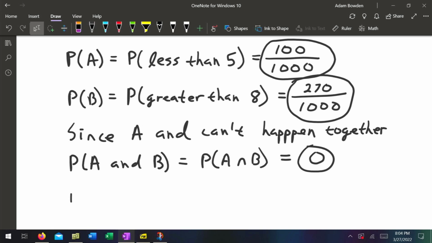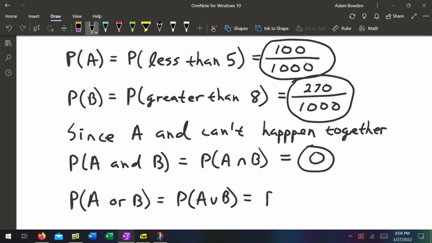So that helps us then to determine the probability of the OR statement that it asks for: the probability of the sum being less than 5 or greater than 8. The probability of A or B, which would be the probability of A union B, would be the probability of A plus the probability of B minus the probability of A intersect B.